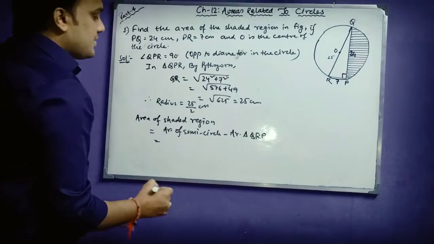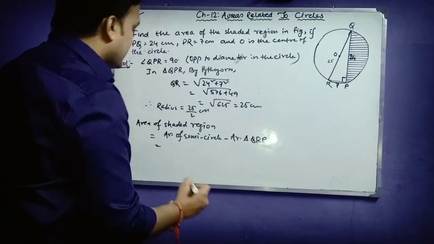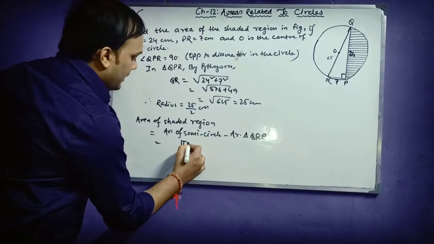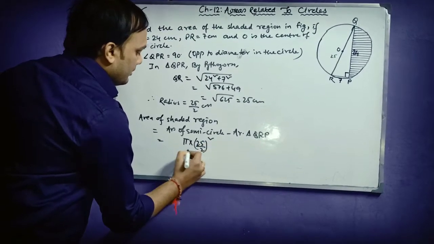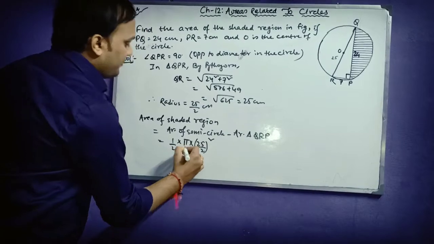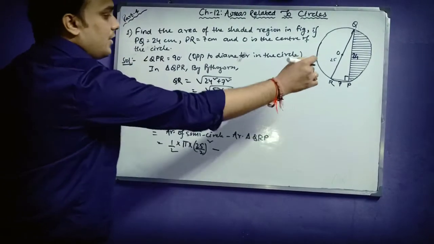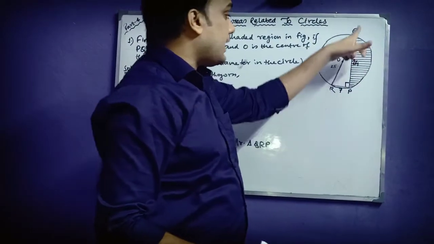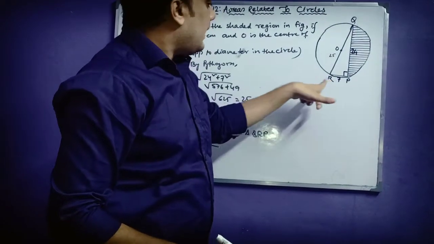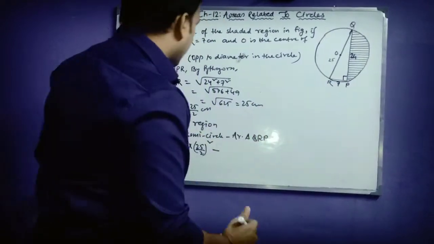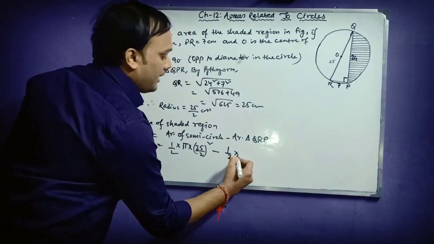What is the area of the semicircle? That is the half circle, pi r square by 2. So pi into 25 by 2 into 25 by 2, half of pi r square, minus the area of triangle QRP. As it is a right angle triangle, we can take QP as the height and RP as the base. So it will be half into base into height.